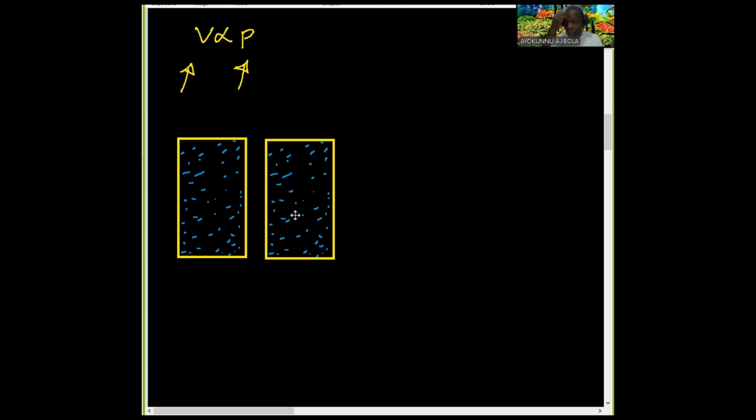Now, let me repeat this particular structure. These are two containers with the same amount of gas, the same volume, okay?